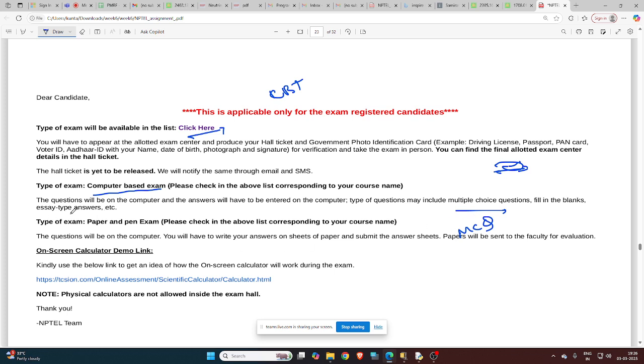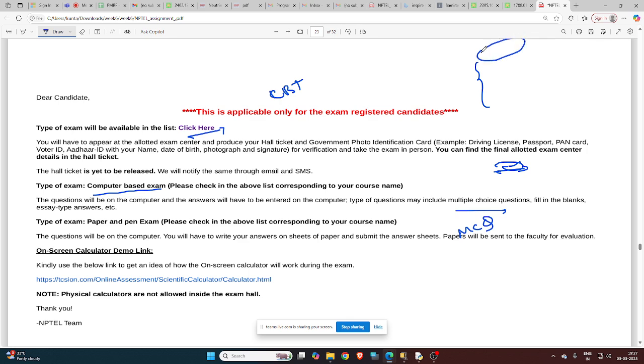But essay type answers obviously will not be there in our Python course, but something related to the programming language should be there. As I already mentioned in the previous classes, in the exam it may be possible that they will ask you to write one short program, but not a full program.